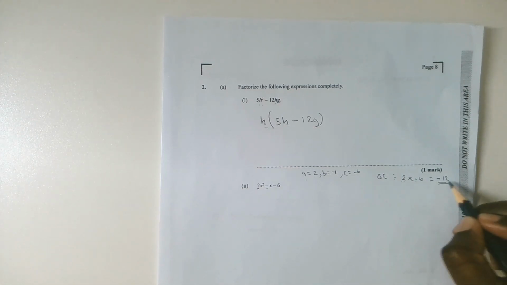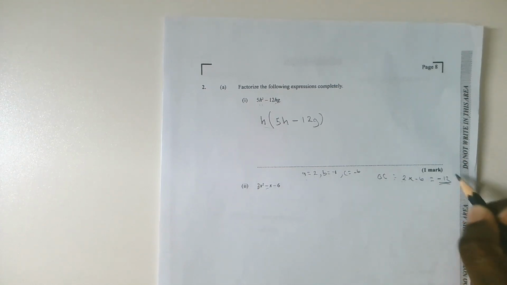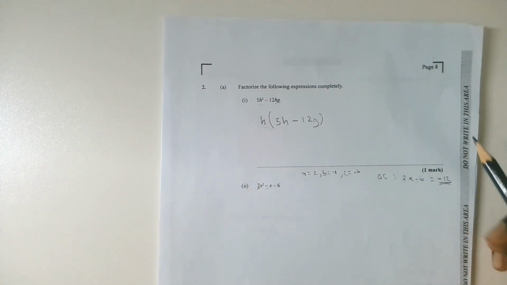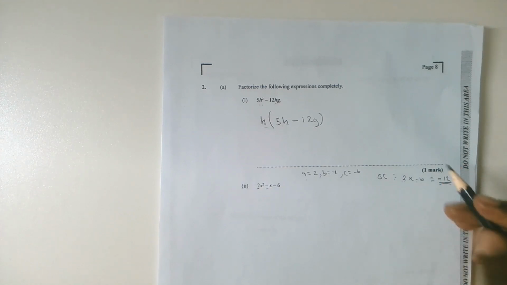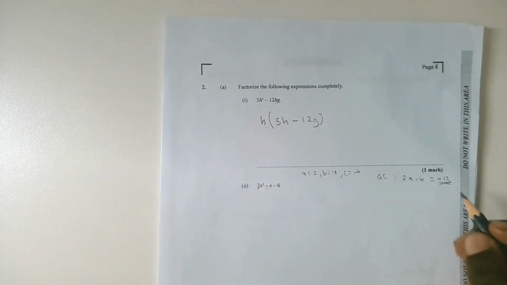And after we find the AC, which is negative 12, we need to find two numbers. When multiplied gives us AC, and when added or subtracted gives us our B value, which is negative 1. So first things first, we need to write the factors of 12.